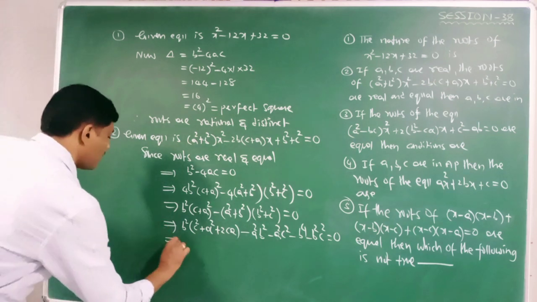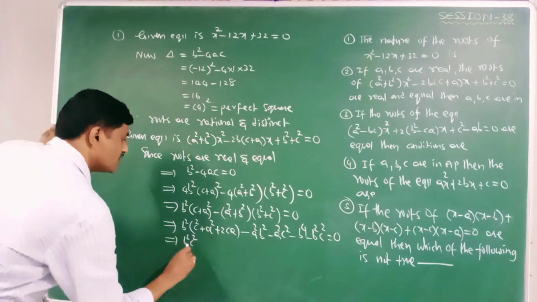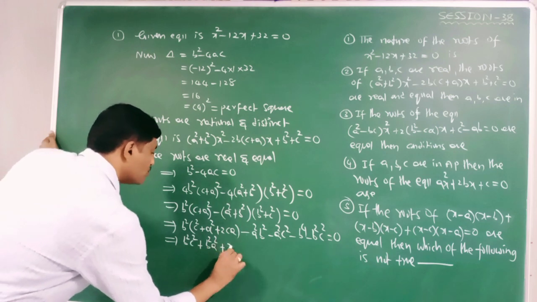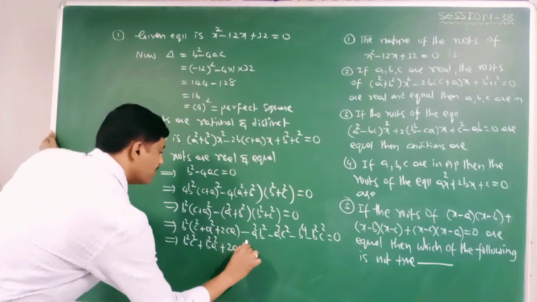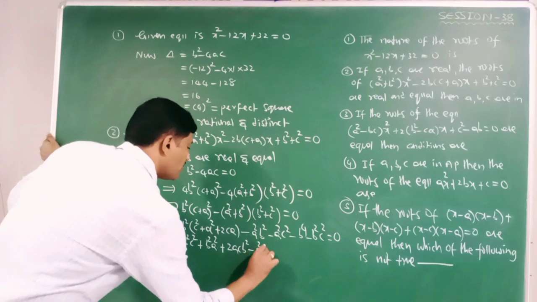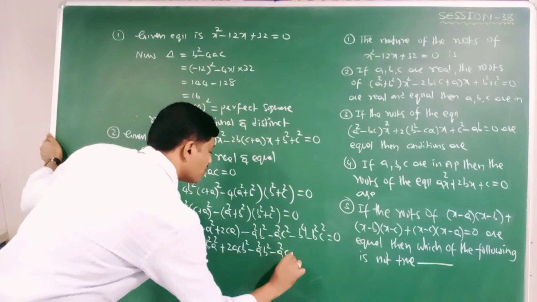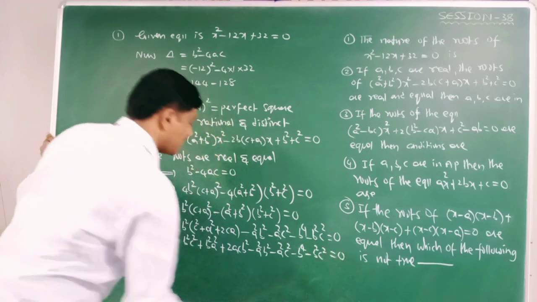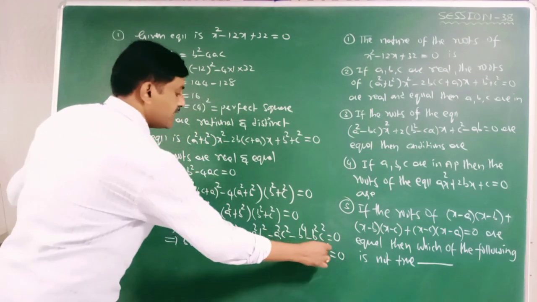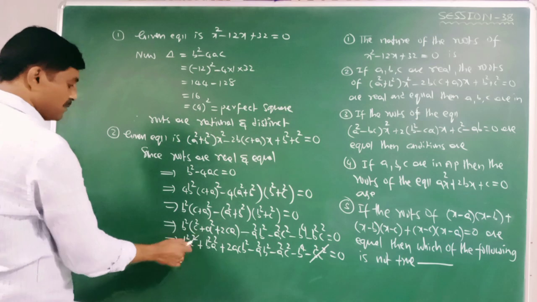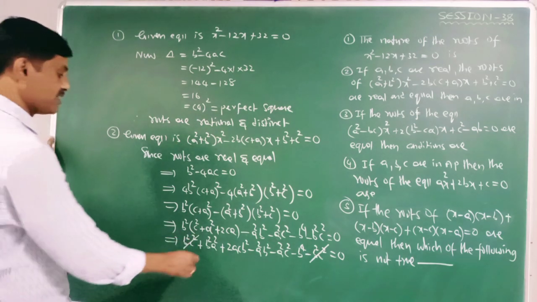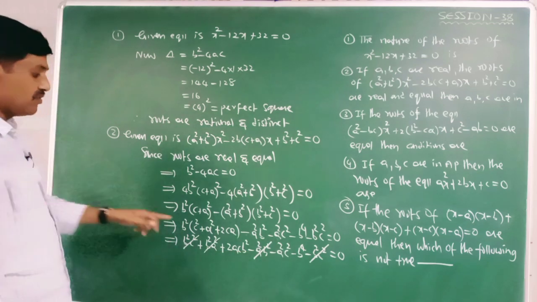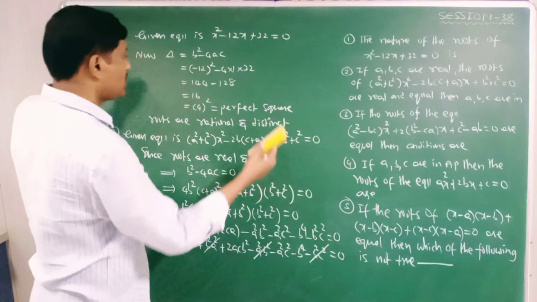Now the negative b square c square and b square c square cancel. Here b square a square and minus a square b square also cancel. Now we have only 3 terms left.